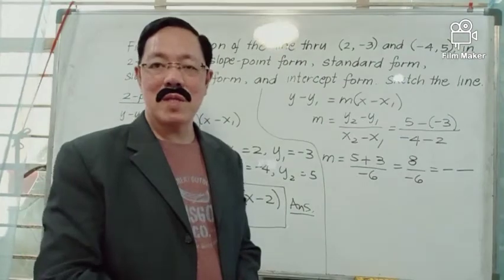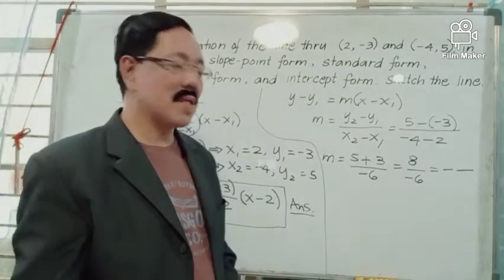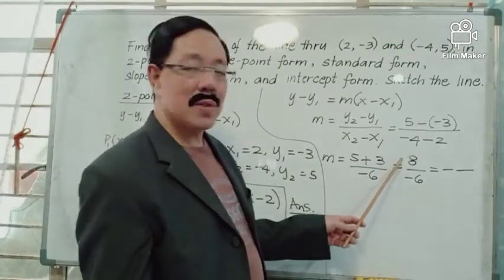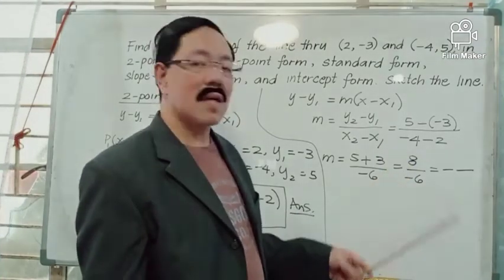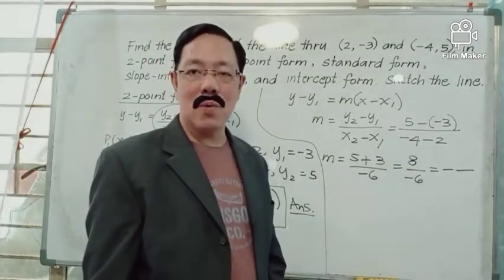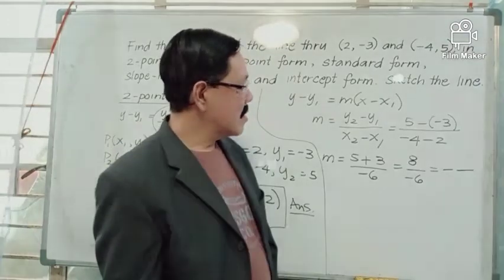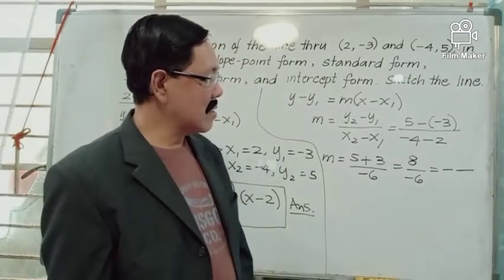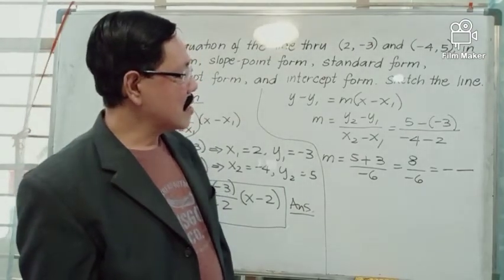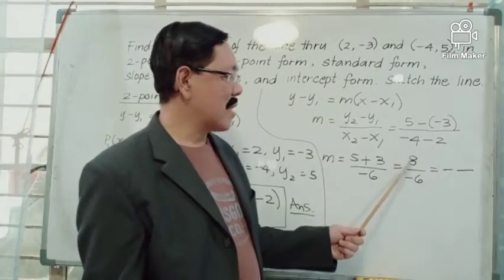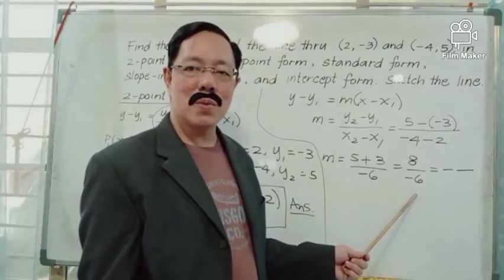Now, if you can reduce the fraction to its lowest terms, you reduce it. 8 over 6 can be reduced because there is a number that can divide both 8 and 6, and the highest is 2.